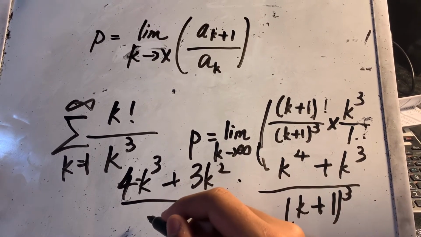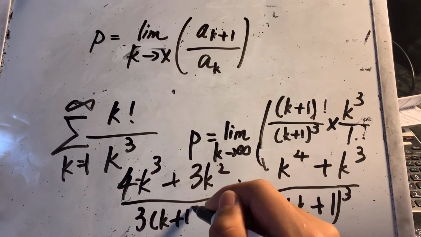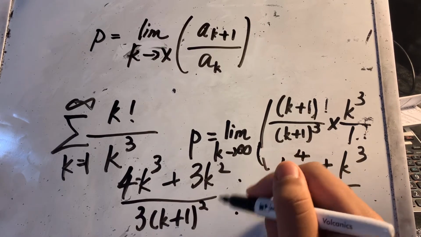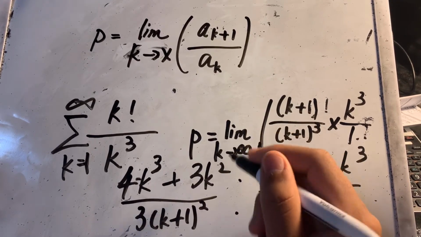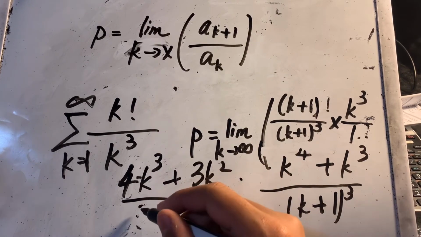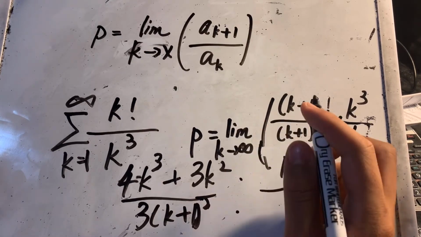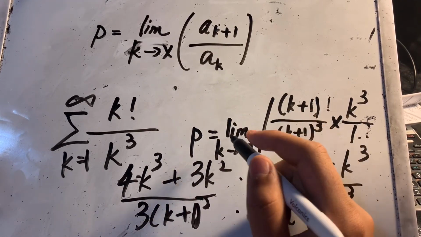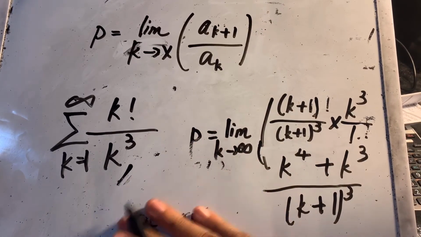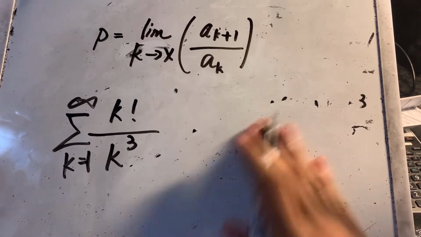And we know 3k plus 1 squared. It is more clear that it's definitely going to diverge. So in this case, you just determine how it goes.